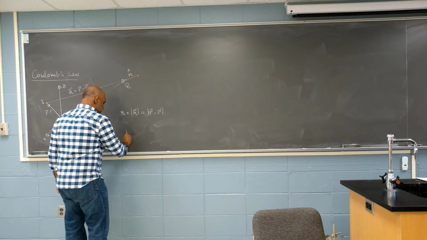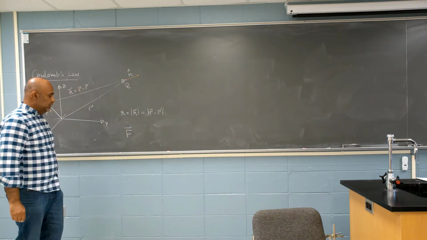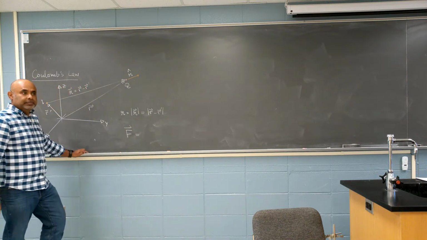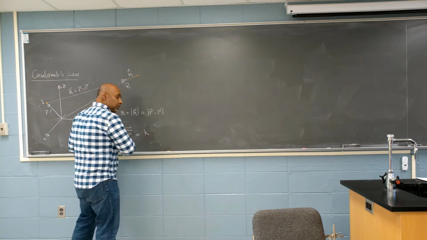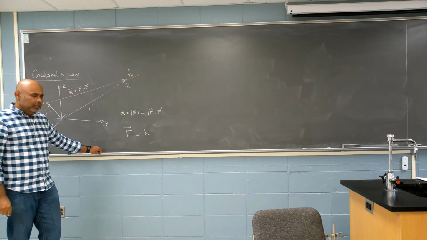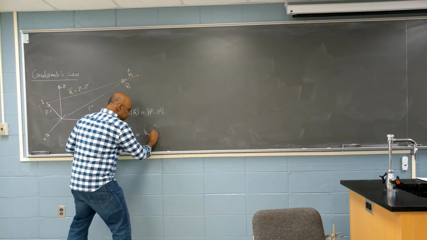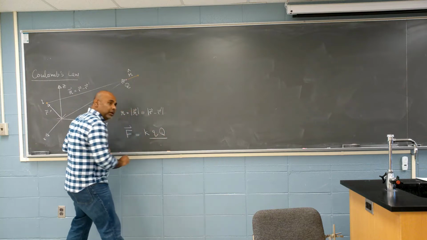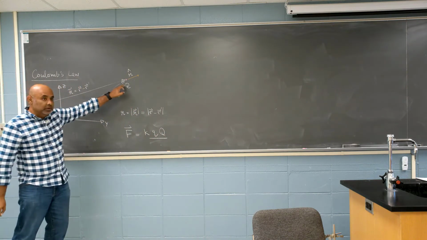So the force I feel is going to be, who recalls Coulomb's law? K. Well, and we'll talk about K. Q1, in our case, little q and big Q, divided by what distance? The separation distance between these two guys.